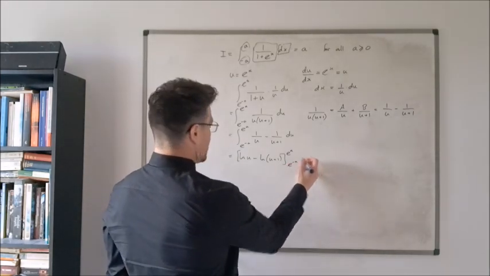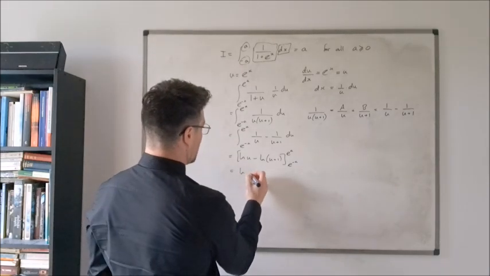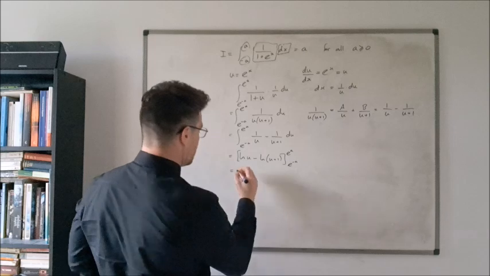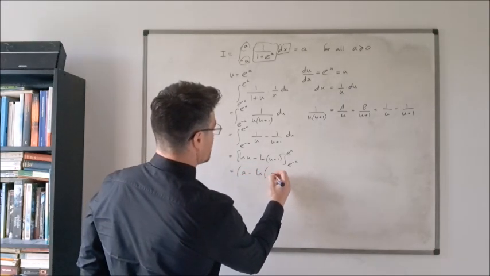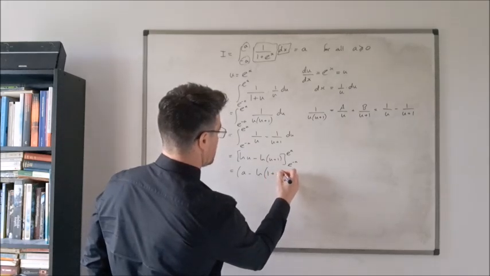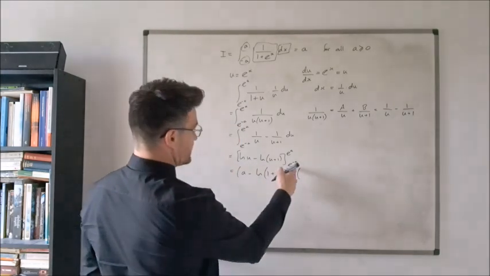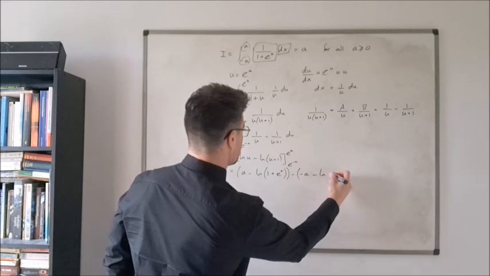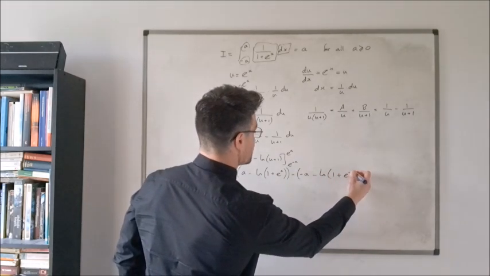So what do we get here? We get the natural logarithm of e to the a, which is just a, minus the natural logarithm of 1 plus e to the a, minus the natural logarithm of e to the minus a, which is minus a, minus the natural logarithm of 1 plus e to the minus a.